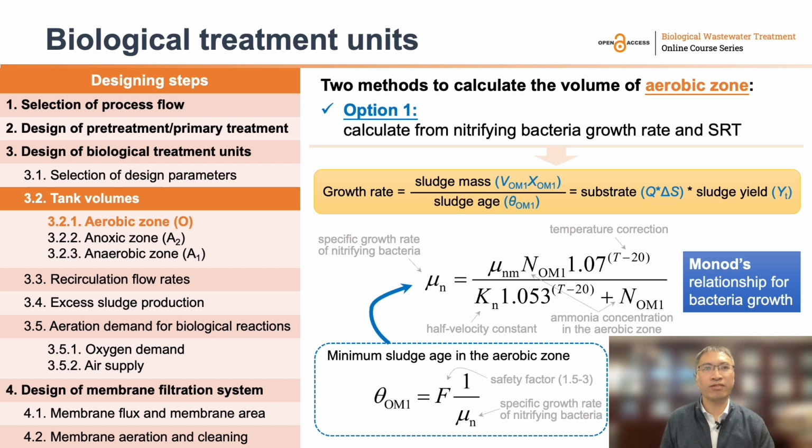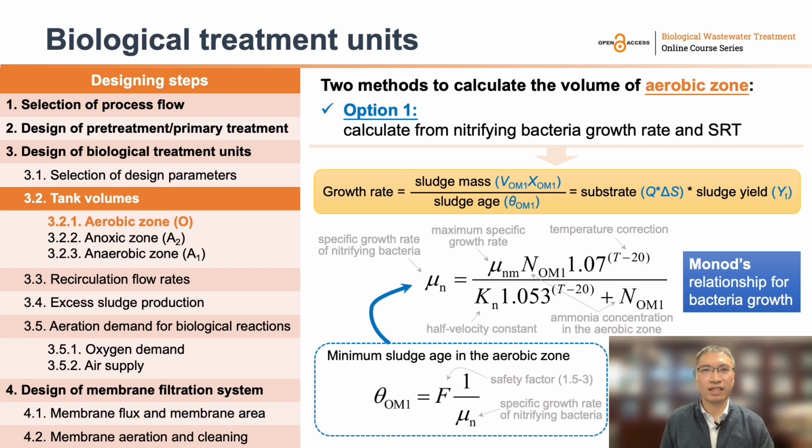The maximum specific growth rate of nitrifying bacteria of MBR appears to be comparable with that of CAS, but the growth of nitrifying bacteria is facilitated by the longer SRT, and can be more resilient at low temperatures in MBR than in CAS, which can influence the safety factor of the growth rate under these conditions.